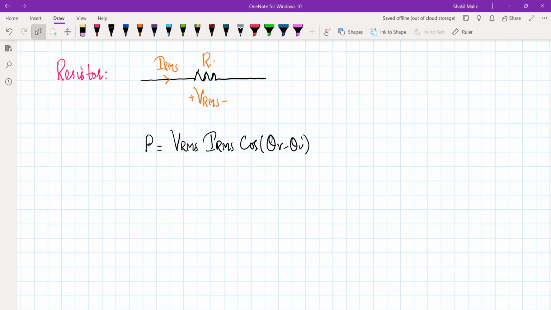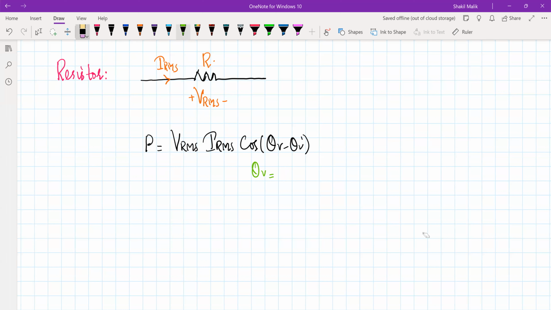Now we know the phase difference of the voltage and current in the resistor. We know theta V is equal to theta I, so there is no phase difference as far as this resistor is concerned.